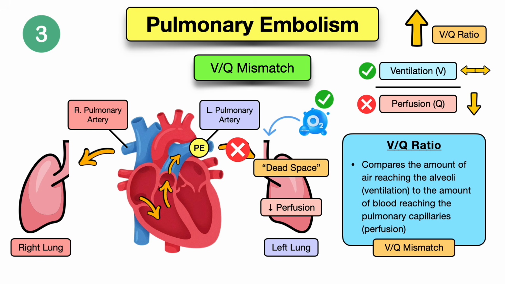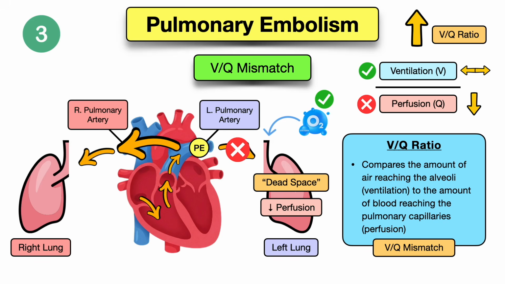And the left lung that has oxygen but no blood flow becomes alveolar dead space because there is no gas exchange. So instead, the right side of the heart will divert the blood and pump it through the arteries in the lungs that are not blocked. In this case, it's the right pulmonary artery. This takes us to our next consequence.